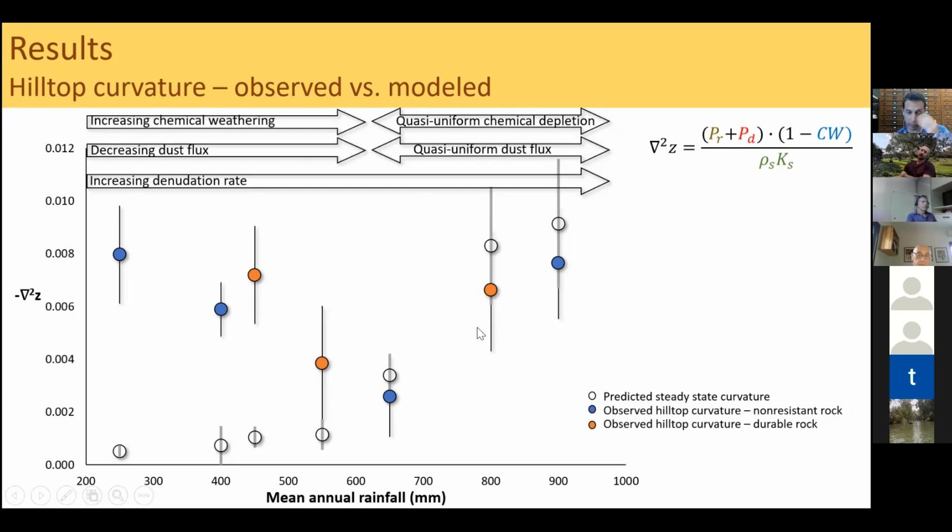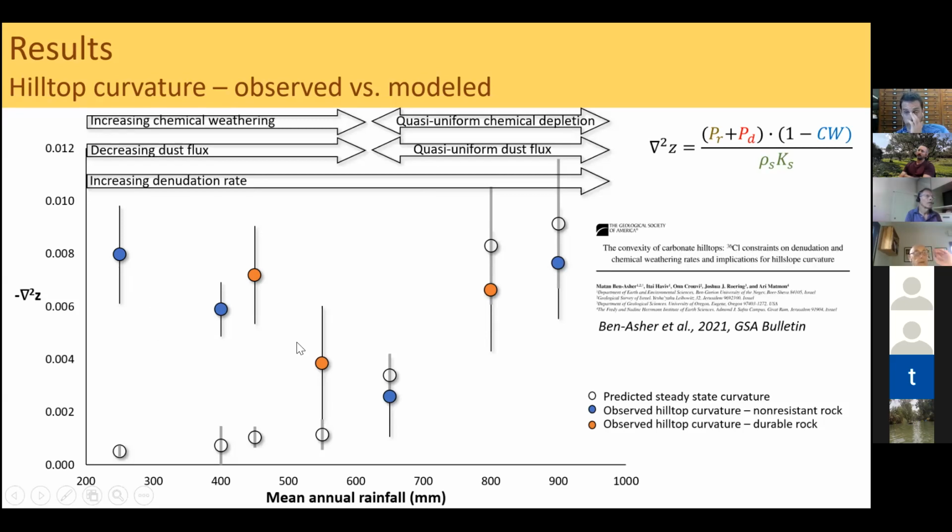We had a long discussion about it, but for example, one reason we think is maybe dust fluxes were actually even higher in the past, and the morphology preserves these past conditions. So all the discussion and results are in a recent paper from 2021 in GSA Bulletin, and you can read more about it or contact me.